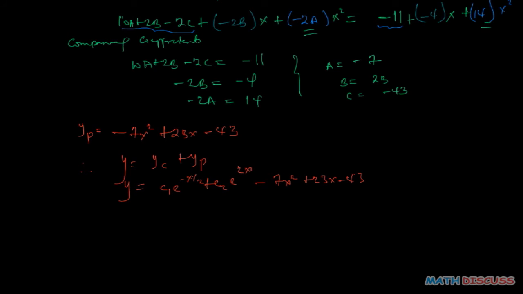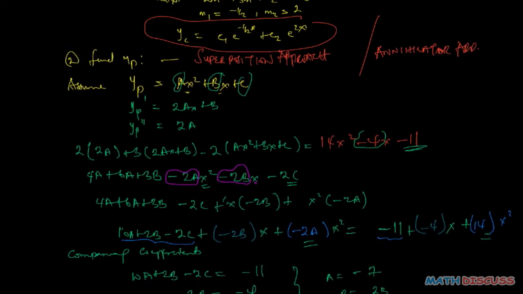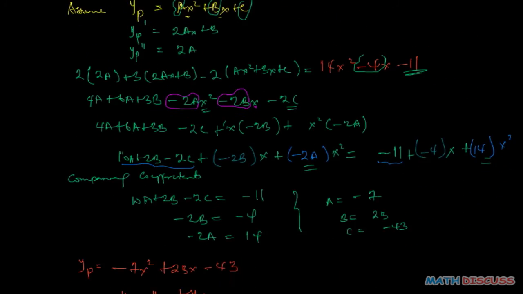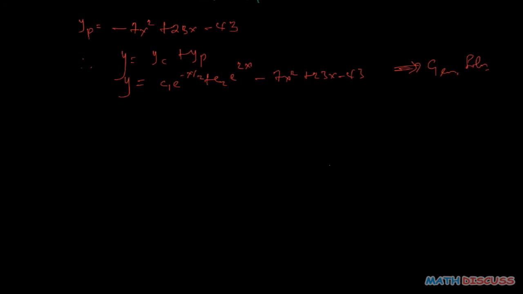Now the next thing is we want to implement the initial conditions that we're given. That is, when x is 0, y is 0, and when we take the derivative at 0, the answer we'll get is 0. So let me start by implementing the first one.